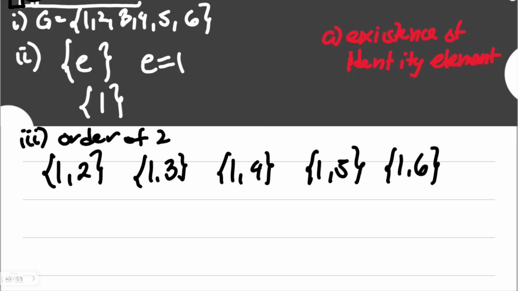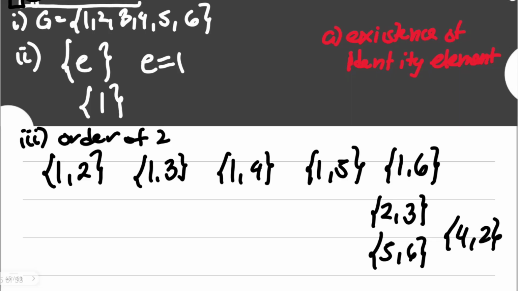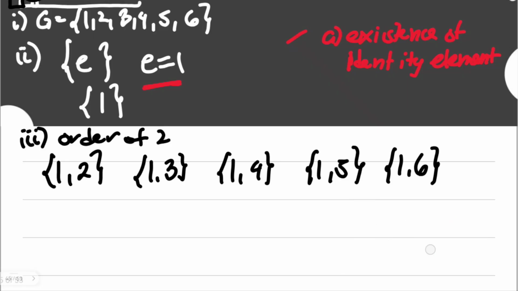And of course, we will no longer try 2 and 3 or 5 and 6 or 4 and 2. These are no longer possible because again, our subset to try must be a group in itself, so the identity element 1 must already be in that pair. Since 1 is not there, they are no longer possible. That means, instead of a lot to try, we only have 5 to try.